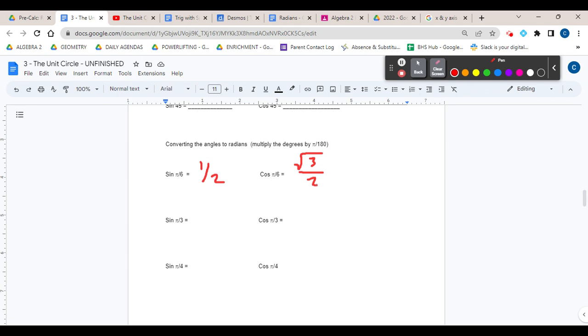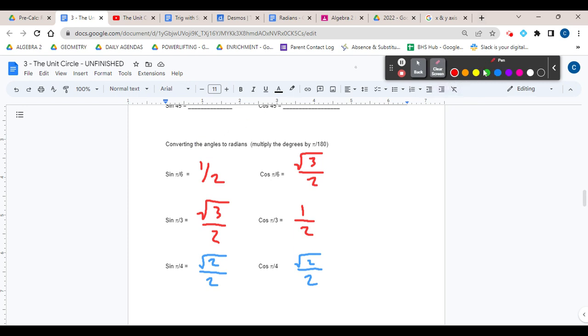Okay. The sine of pi over 3 was just the opposite, so it's root 3 over 2 there. The cosine of pi over 3 is 1/2. And lastly, when we're looking at pi over 4, the sine of pi over 4 is going to be the square root of 2 over 2, as well as the cosine of pi over 4, the square root of 2 over 2.